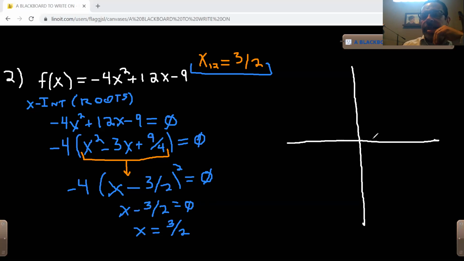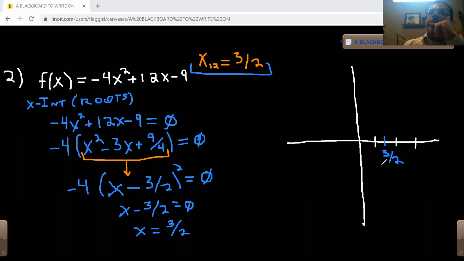So I'm going to write this down here, 1, 2, 3, and 3/2 is right around here. So somehow the parabola touches that point, okay?